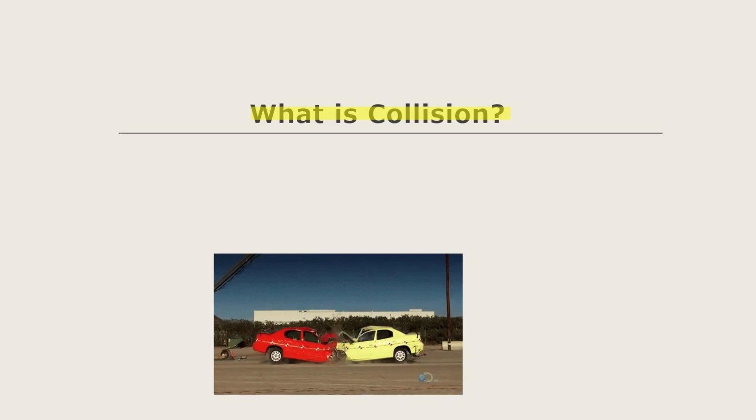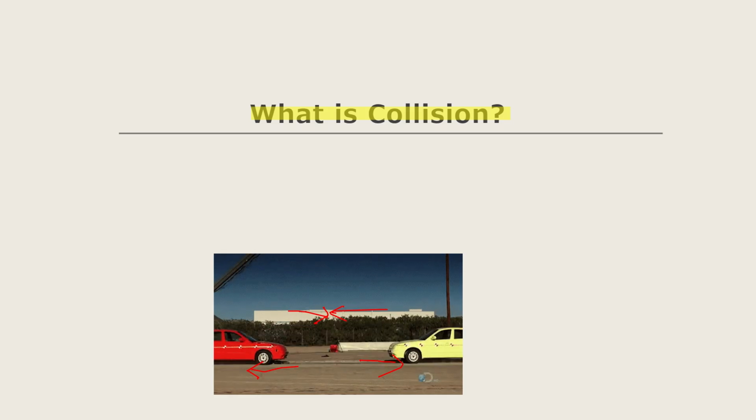Now, before going into the details of conservation of momentum, let's define what a collision is. Here you see two cars, and these two cars are colliding with one another. After the collision, these two cars are moving in the backward direction.